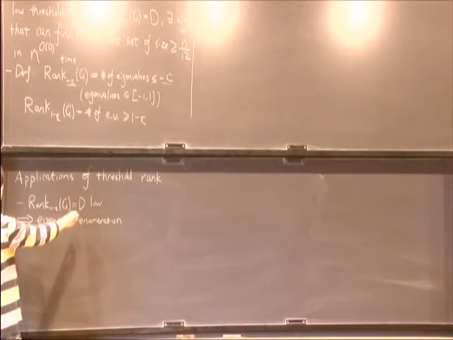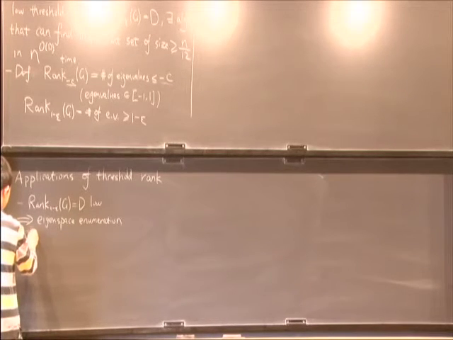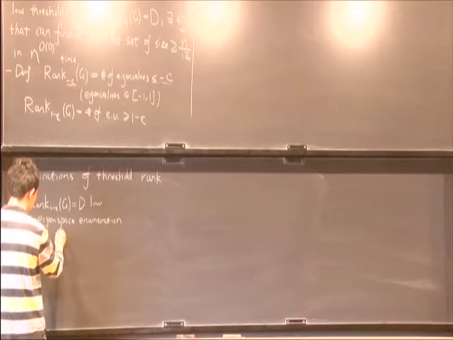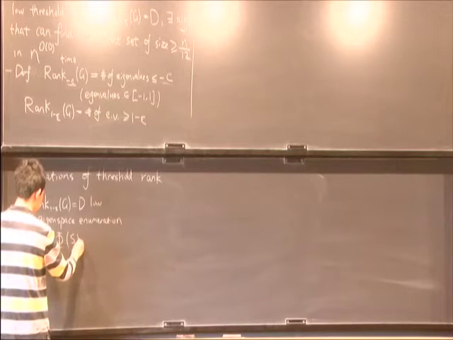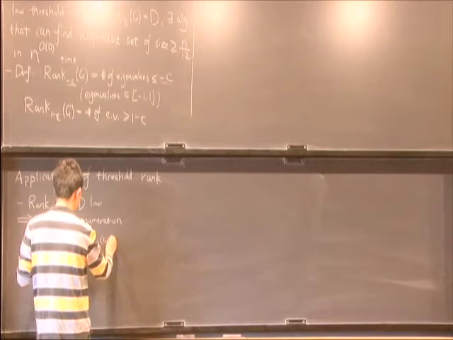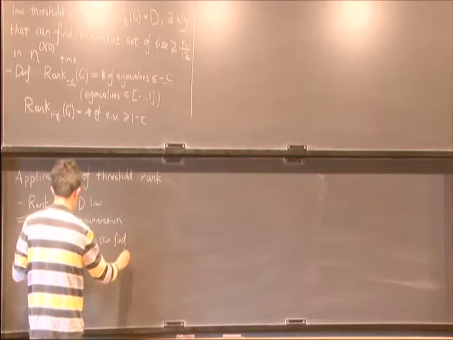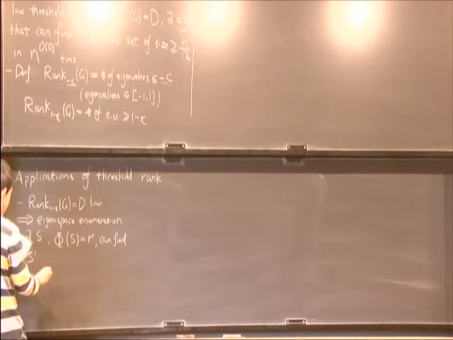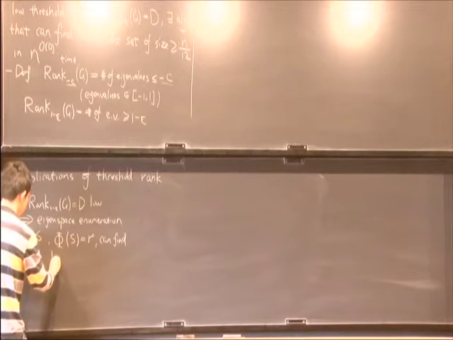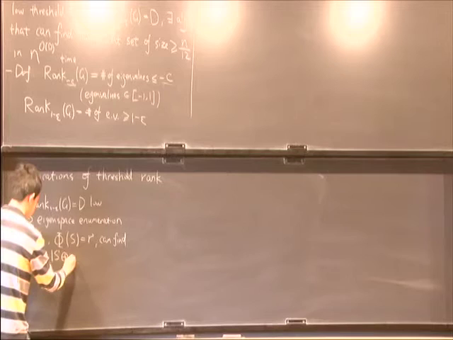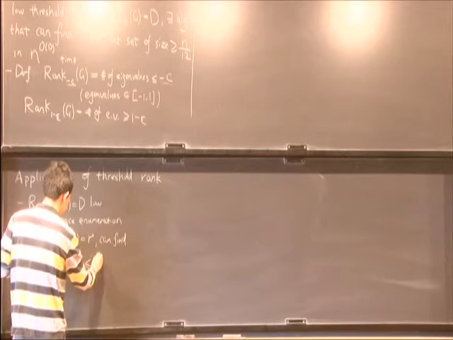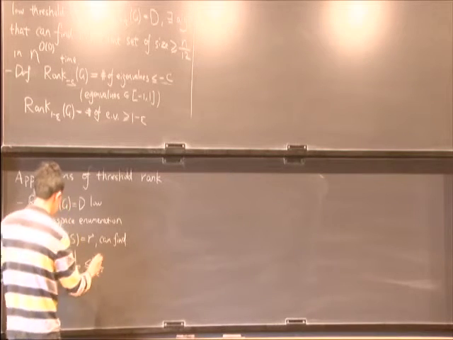So if this is D, and you also know that there exists a set S with edge expansion equal to, say, gamma, then you can find an S prime which is very close to S. The symmetric difference between S and S prime over the size of S is at most gamma or epsilon squared.